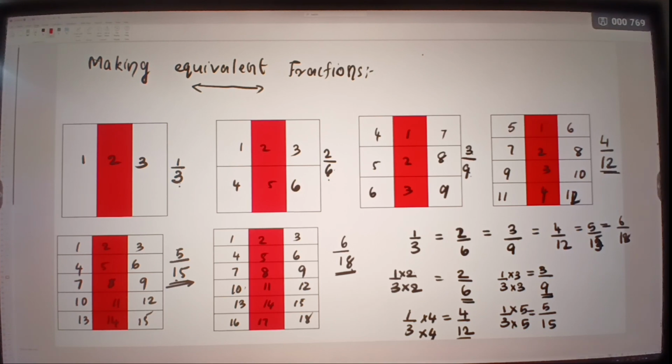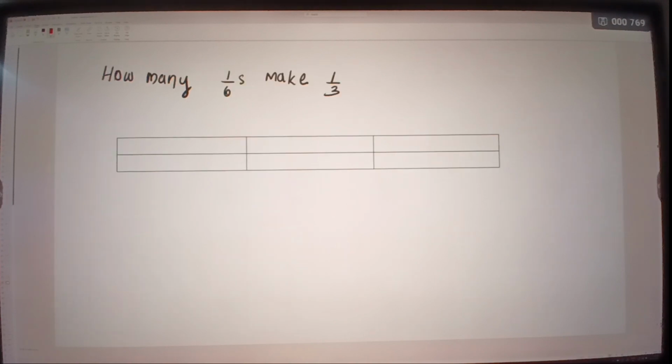So equivalent fractions are obtained by multiplying the numerator and denominator by the same number.